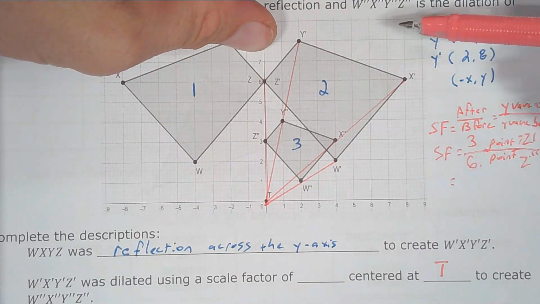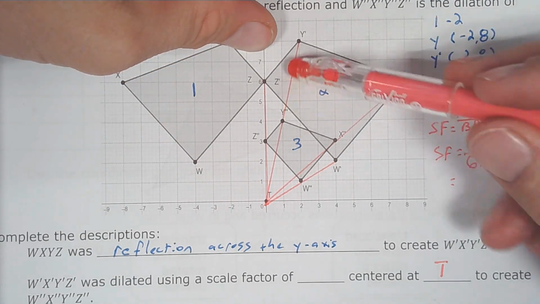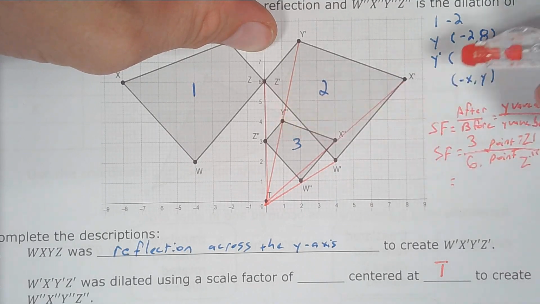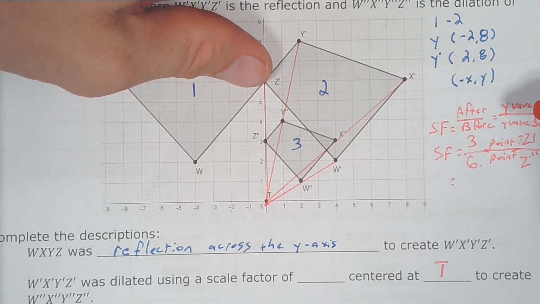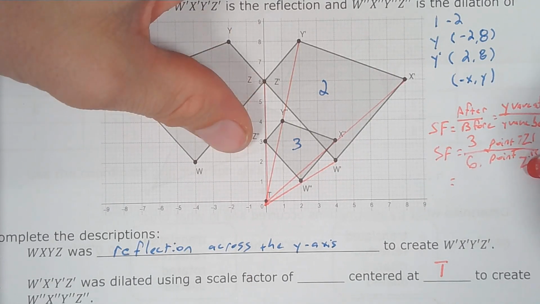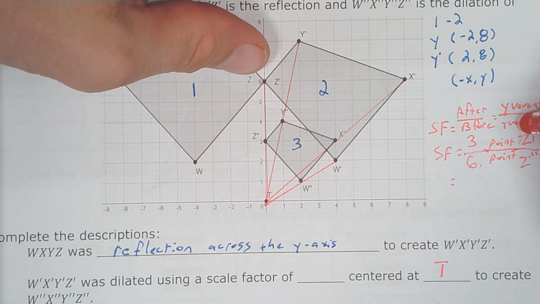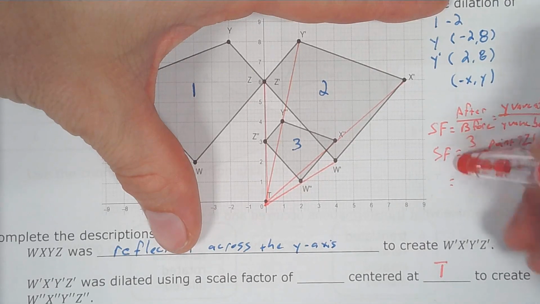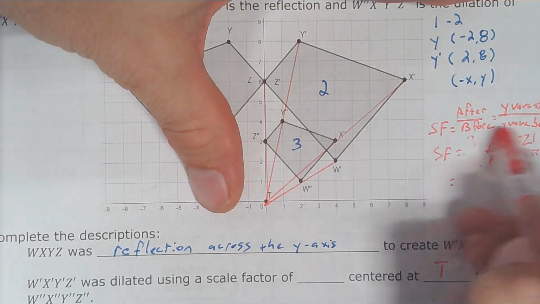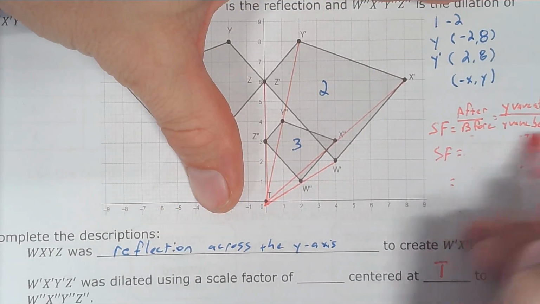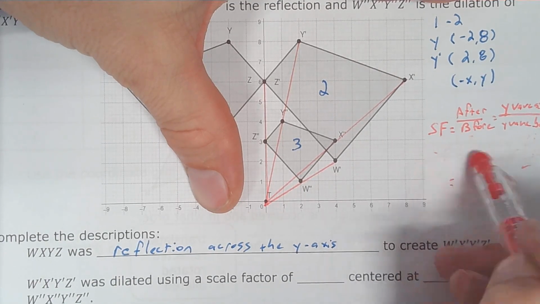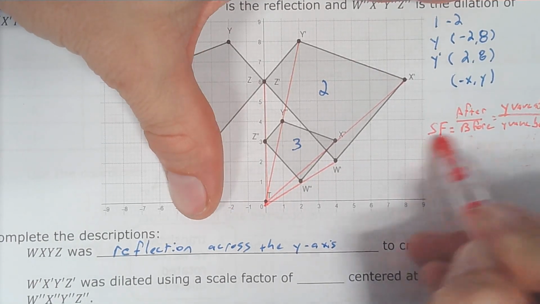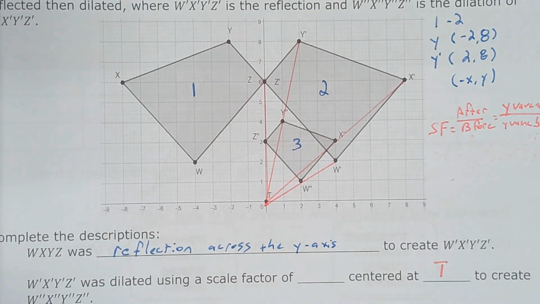So z prime to z double prime, my before and my after. Oh, wait a minute. It shrinks, so it should be less than 2.